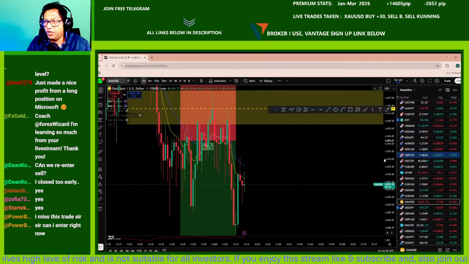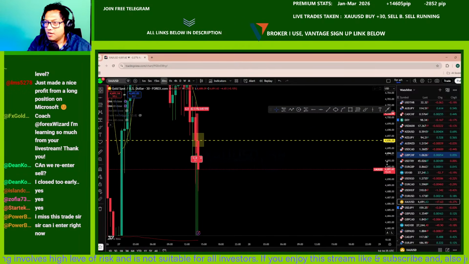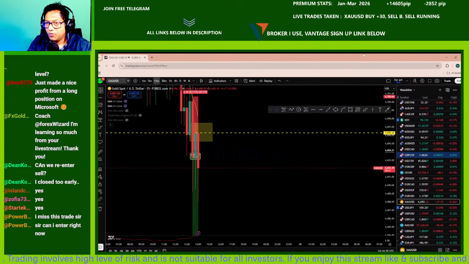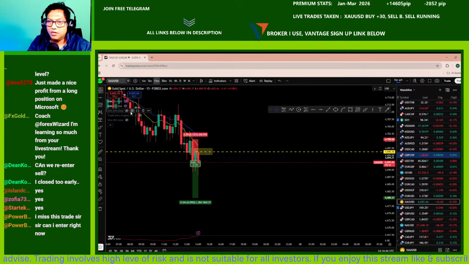Okay, so we can see the market is still in a downtrend, and on this move, if you look here, there is another 15-minute candle closing, which is again in a downtrend.